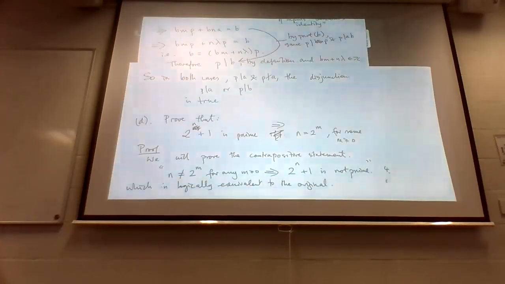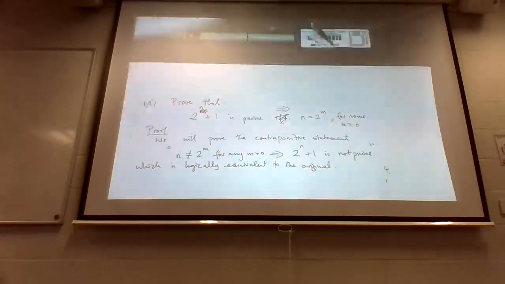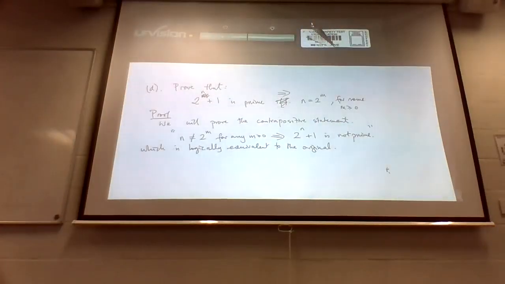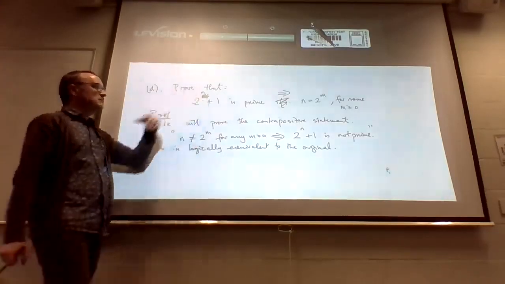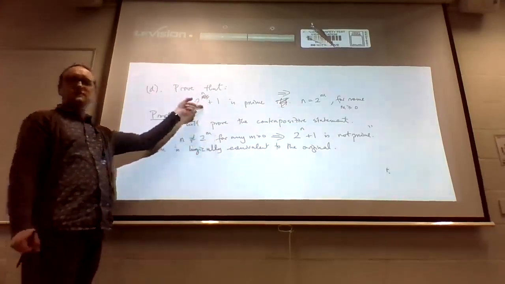It's good to make that point, that you understand why this is a legitimate way to proceed. Logically equivalent: if this statement is true, so is this one, and vice versa. If this statement is false, so is this one.